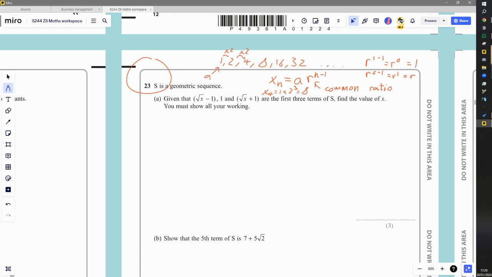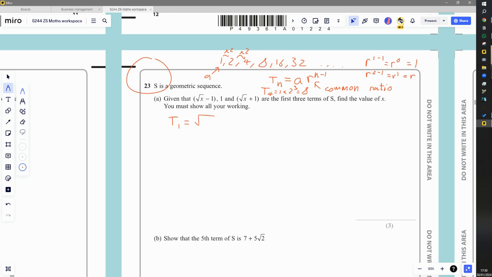Right, well, the first term, which I can call X1, it's a bit confusing, so instead of calling it X, I'm going to call it T for term. On the textbooks, it'll say X, but I'm going to change this to capital T for term.